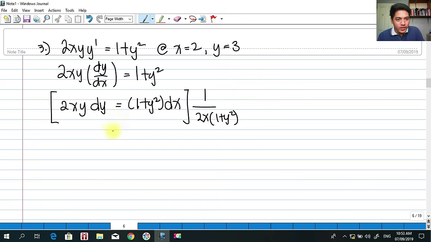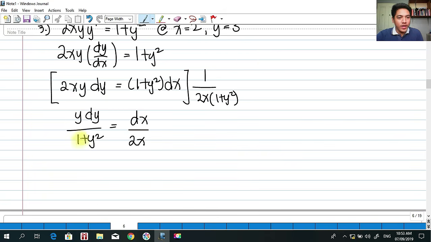What will happen? We have an equation y dy over 1 plus y squared equals dx over 2x. So we group all terms of y in dy and all terms of x in dx.